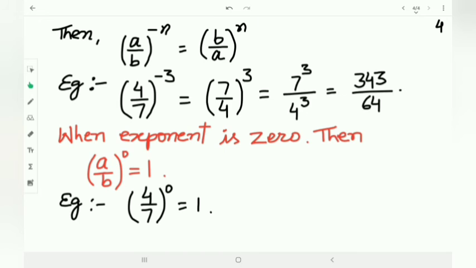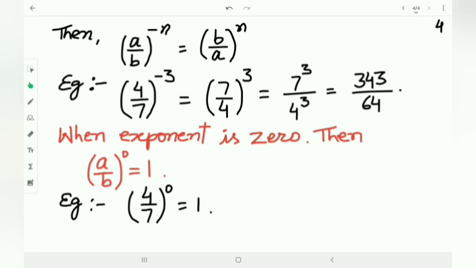So as for example, 4 upon 7 raised to the power minus 3 is equal to 7 upon 4 raised to the power 3, which is equal to 7 raised to the power 3 upon 4 raised to the power 3, which is equal to 343 divided by 64.